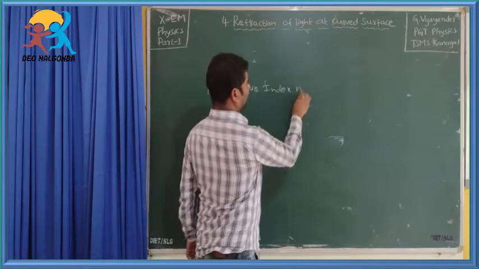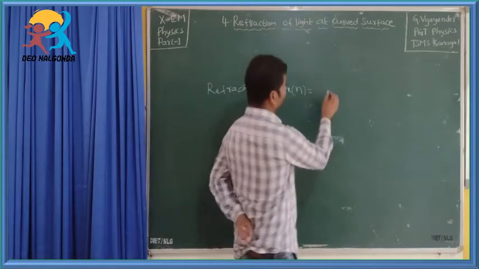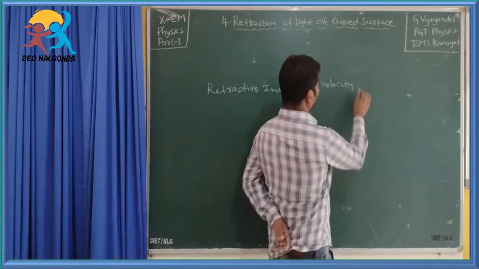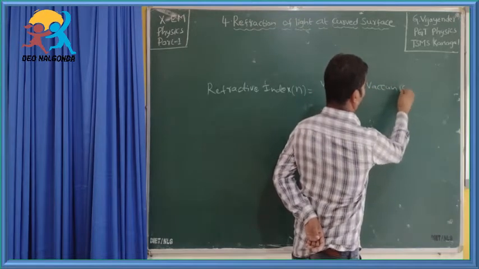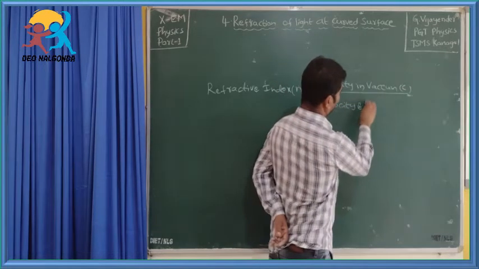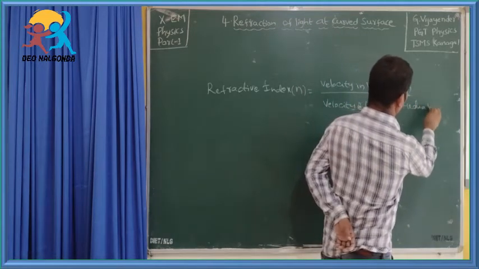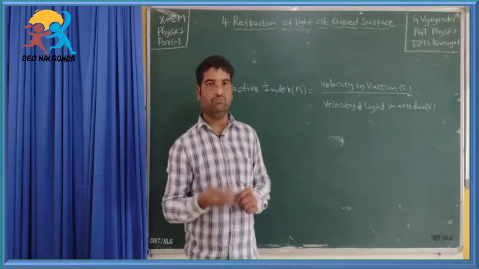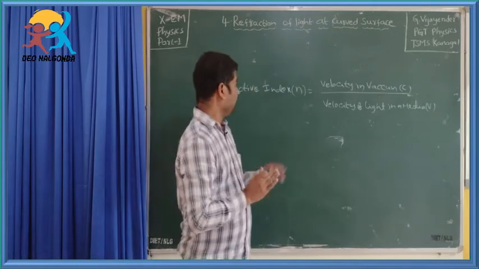Refractive index is denoted by n. Refractive index n is nothing but the ratio of the velocity of light in vacuum, denoted by c, to the velocity of light in a medium, V. n = c/V is called refractive index.